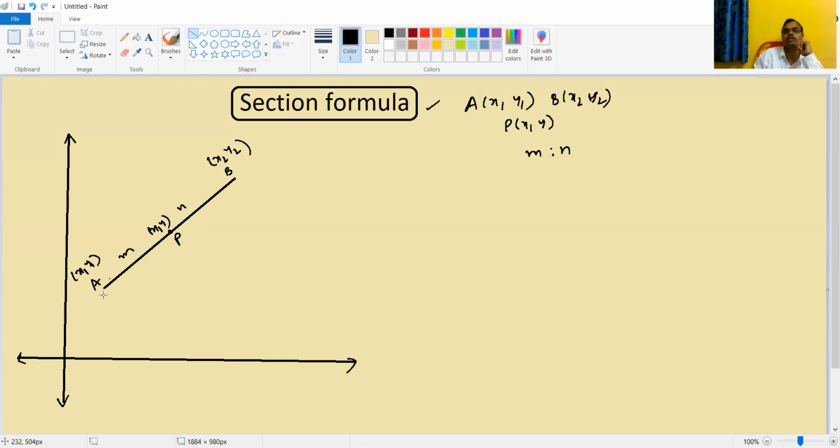So to find that, what I am doing is I will drop perpendiculars from A, from P and from B onto the x-axis.